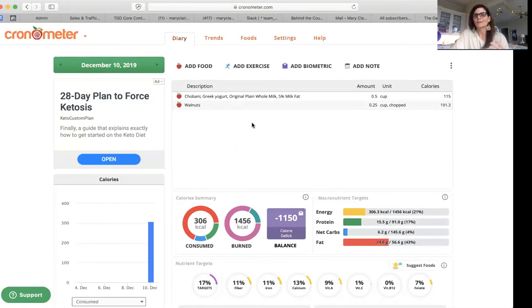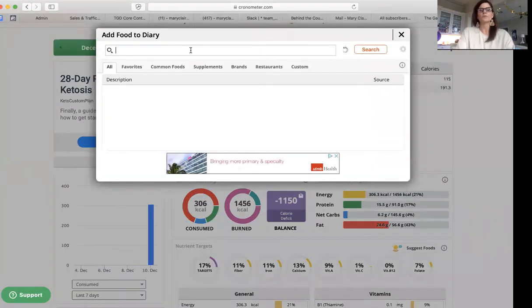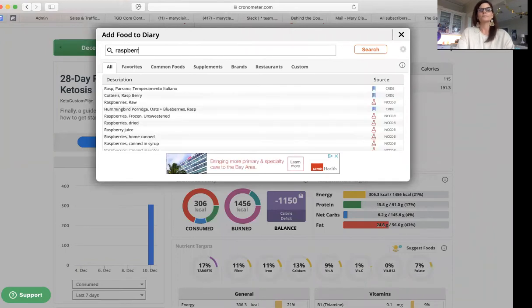But I want some berries. I want to balance this out some more. And so if you look here, it'll do your macronutrients here, your protein, 17%, 4%, 43. Those are set throughout the day. Again, we don't really look at calories. We're really just looking at this circle here to see if we can get the balance right, because we're not counting calories. So I'm going to add some raspberries, raw.